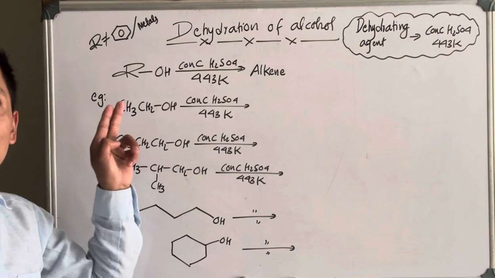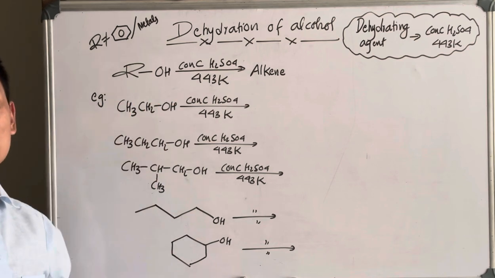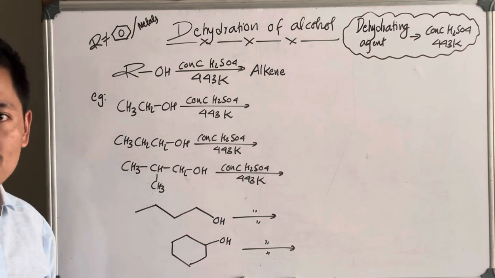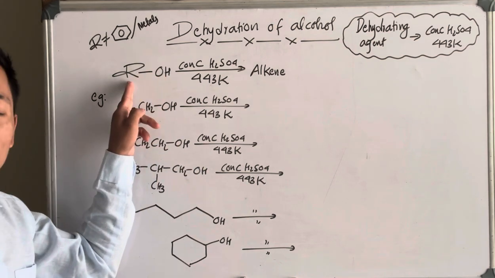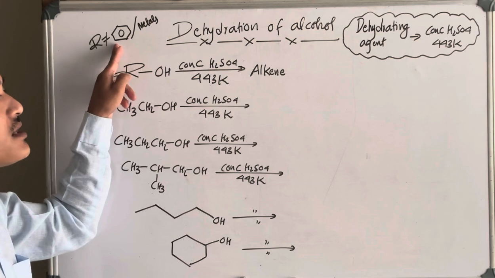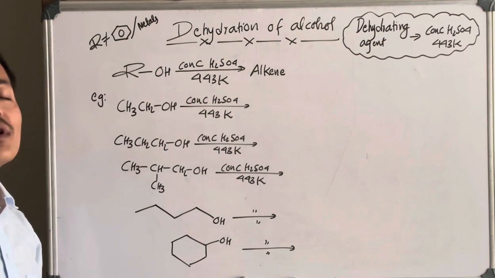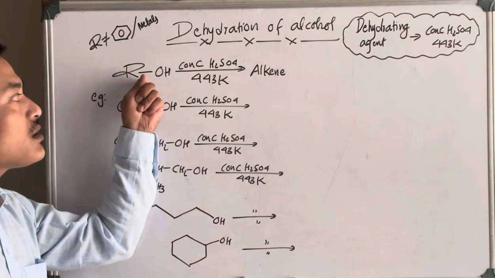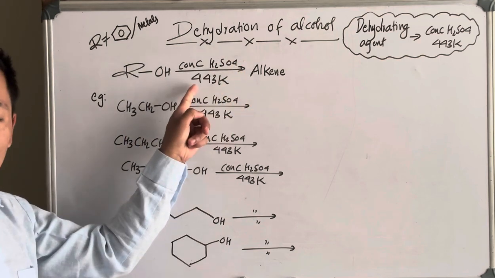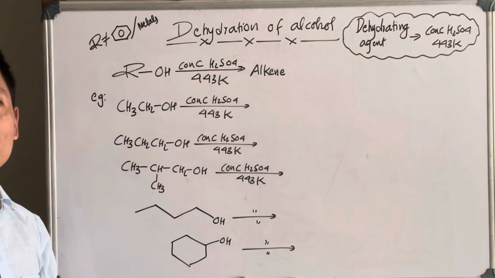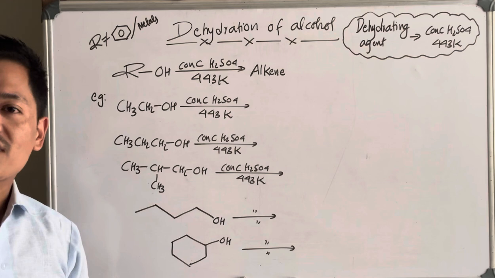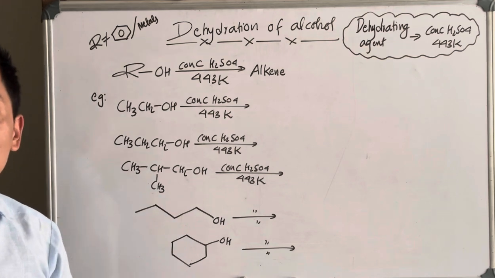R means an alkyl group, for example methyl, ethyl, propyl, butyl, hexyl and so on. If OH is attached to an alkyl group, not to a benzene ring or a metal, it is referred to as an alcohol, and on treatment with concentrated sulfuric acid at 443 Kelvin it will give an alkene. Now I'll give you several examples.